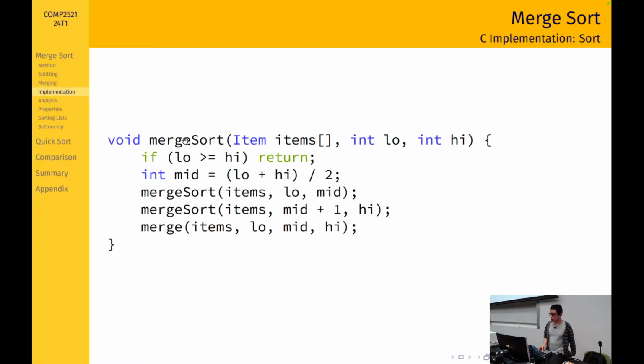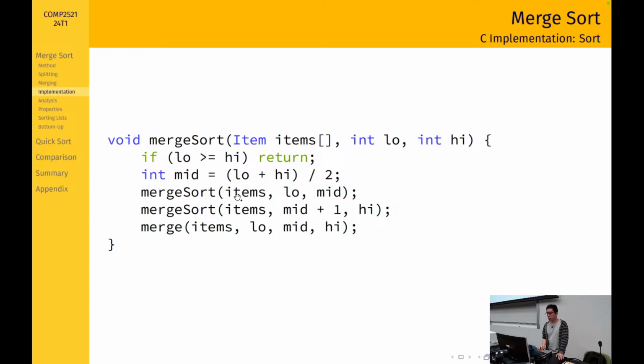So you can see that the merge sort function itself is really simple. Of course, since merge sort is recursive, we have a base case. The base case is if there is only one element in our subarray, or no elements, then we just return, because an array of size 1 is sorted by default. Then, if our array is bigger, we calculate the midpoint.